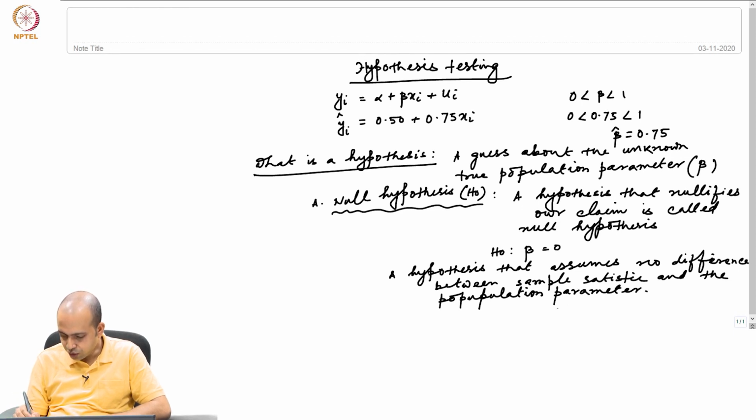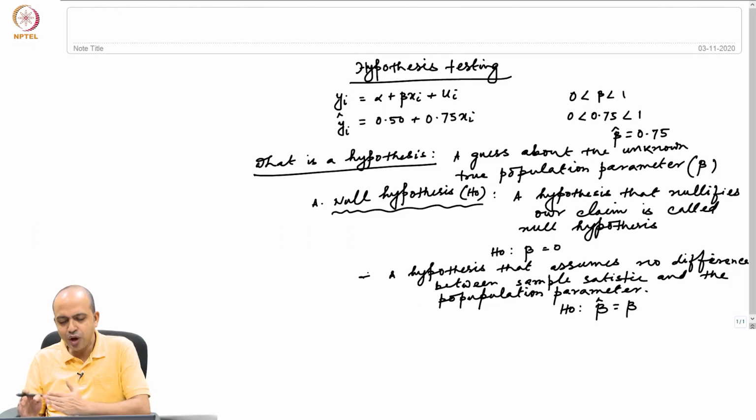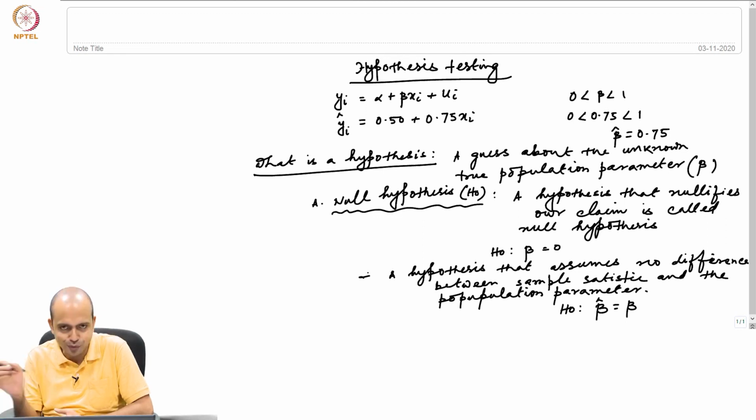That means you define your null as beta hat equals beta. There is no difference. This way of defining the null hypothesis is a little difficult to understand, so I will make you understand the second definition in a later part of our discussion.